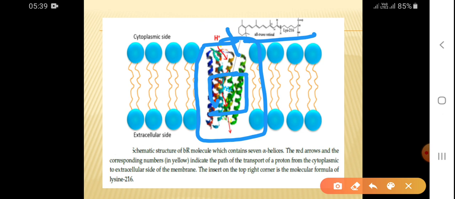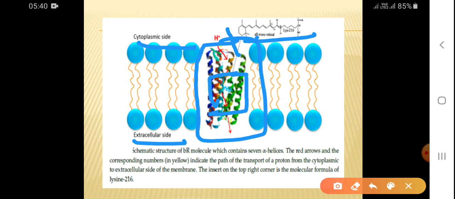Fine. And the numbers also, if you look into the diagram, the numbers 5, 3, all this indicates the number of the protons. Okay, so here you find that from the cytoplasmic end to the extracellular region, the proton is translocated, and for this translocation you need the assistance of this Br molecule.